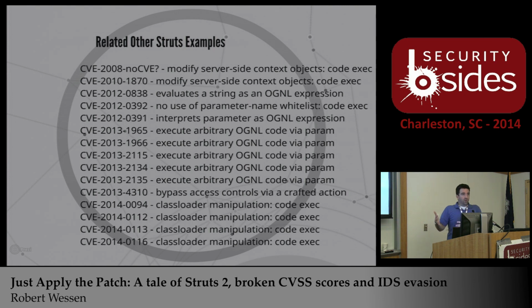And a lot of what Struts does in order to fix these issues is it takes a regular expression within the Struts framework and says, okay, that one from 2008, we found out that if people put that hash sign in, then they might be manipulating OGNL context variables on the server side. That's bad. So we're just not going to allow the hash sign anymore, and that'll take care of it.